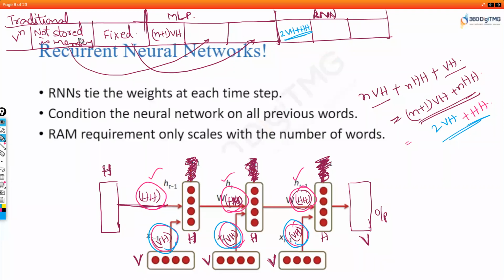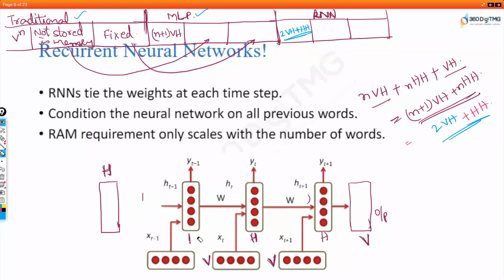The next problem is not storing in memory. With respect to the traditional MLP, we had this problem wherein previous words were not getting stored in memory. But here, every word will move on and every word is getting saved in memory. Every word will go here and get carried forward.